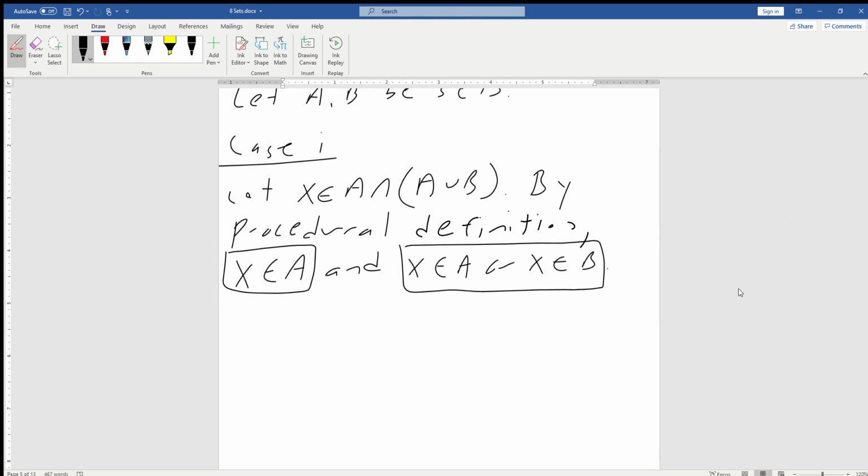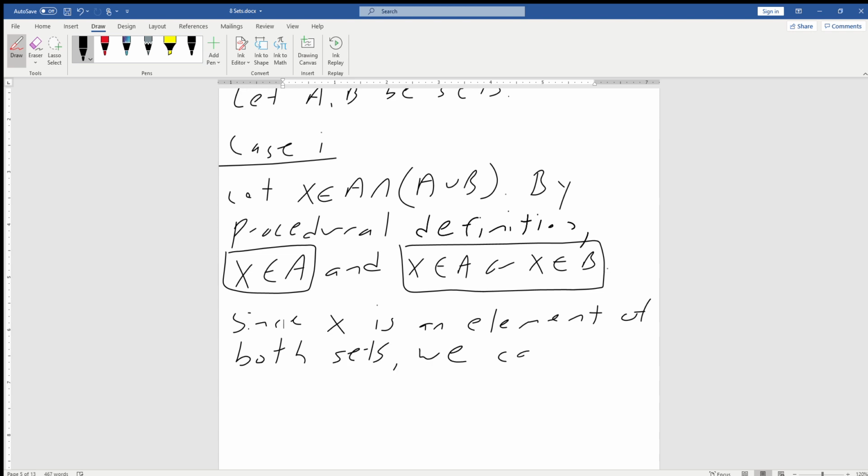Okay, so since X is an element of both sets, we can use either, or we could use both.